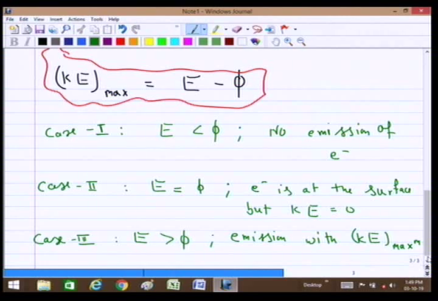Any confusion or doubt? Okay, copy please. Then we'll move on.